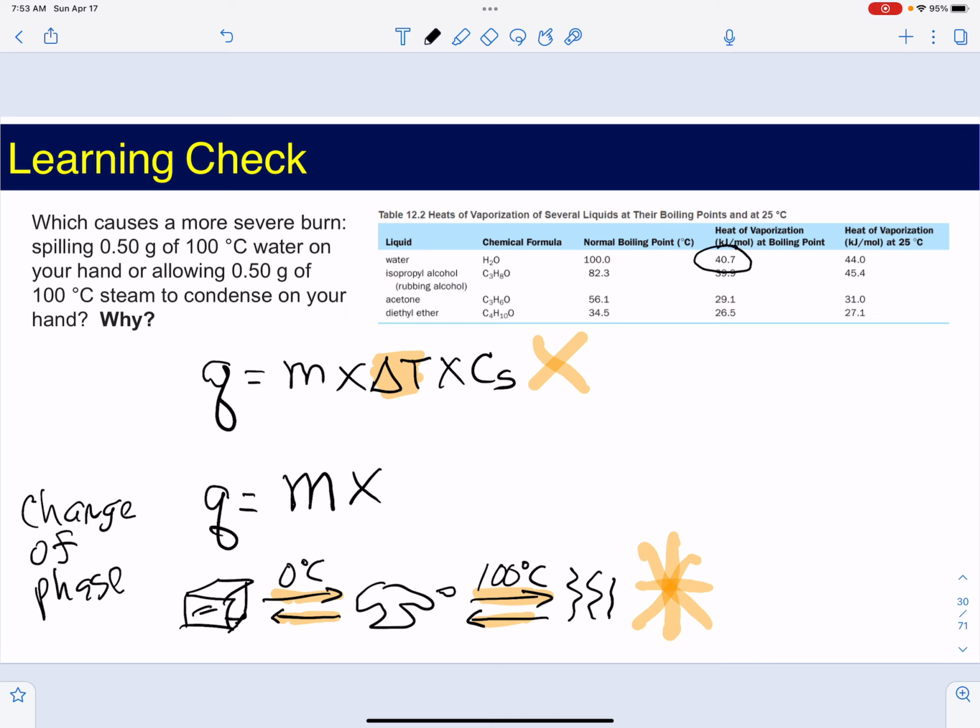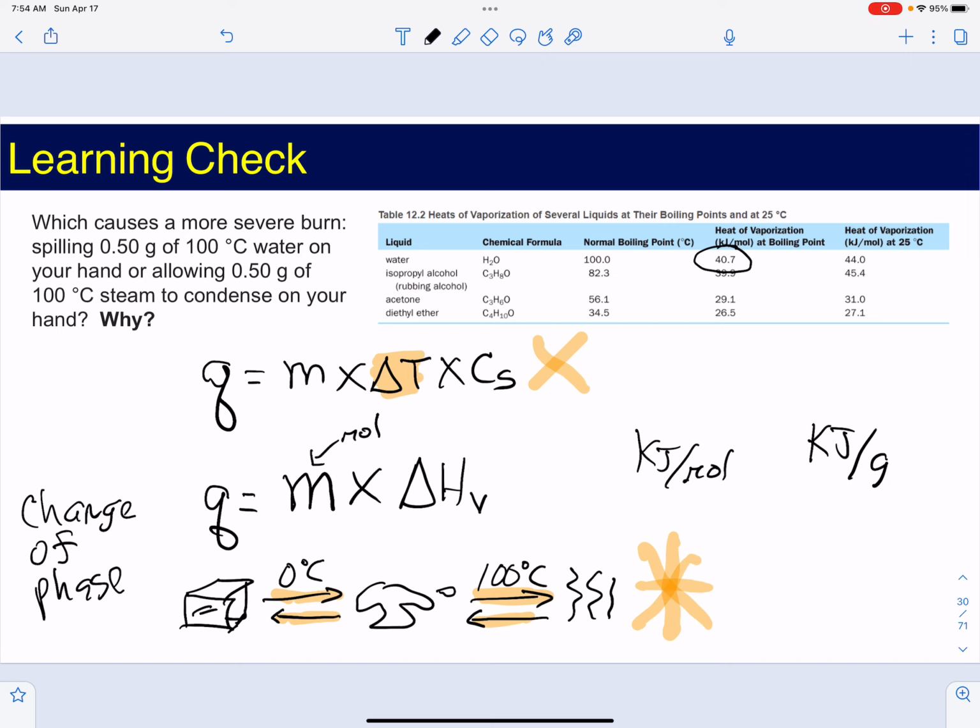In this case, the delta H of vaporization is given in kilojoules per mole, so this will have to be moles. For other tables, you're going to see kilojoules per gram, so in that case, you can use grams. The amount of energy that is released when there's a change of phase is huge compared to just a change in temperature. So keep that in mind.